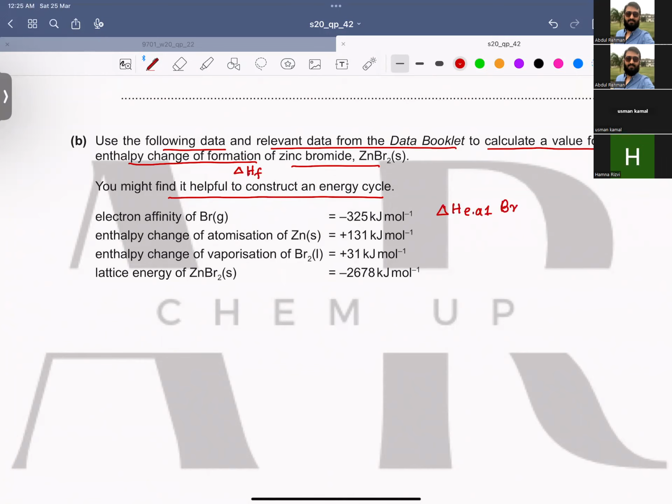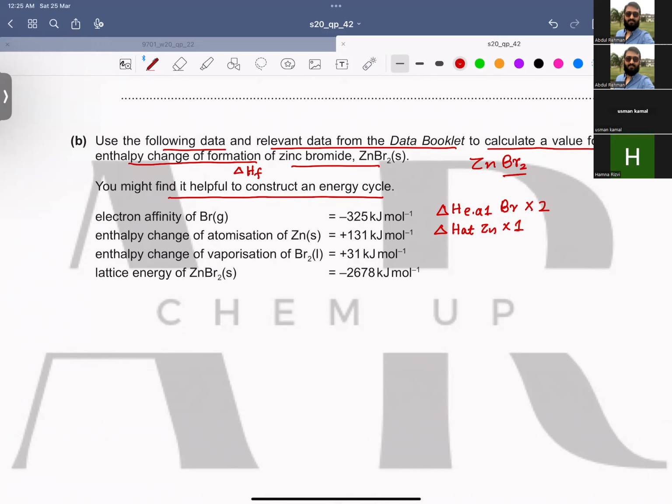And if you see the formula, it's zinc bromide. And here we have 2 bromide ions. So we have to multiply this value by 2. You have an enthalpy change of atomization of zinc. We have only 1 zinc ion, so it remains the same, or you just multiply by 1.